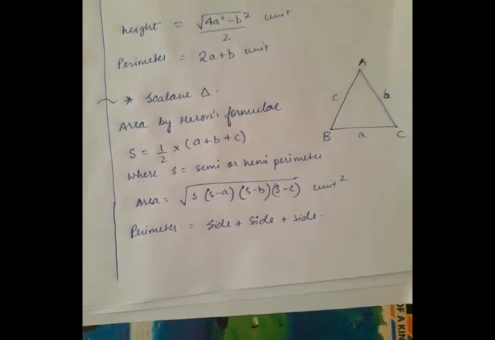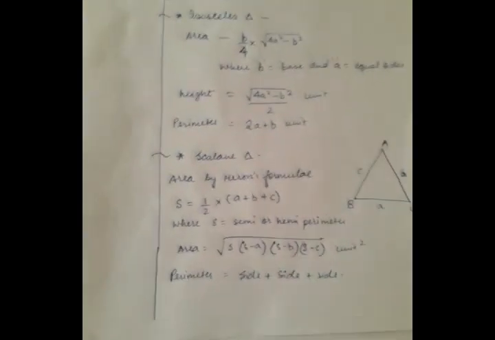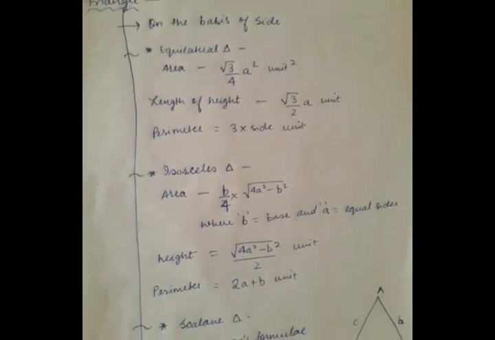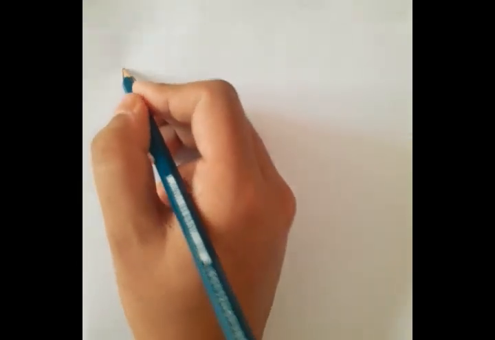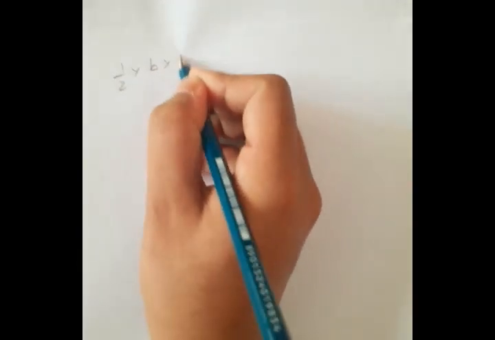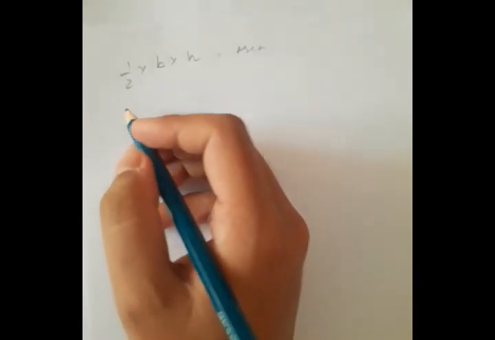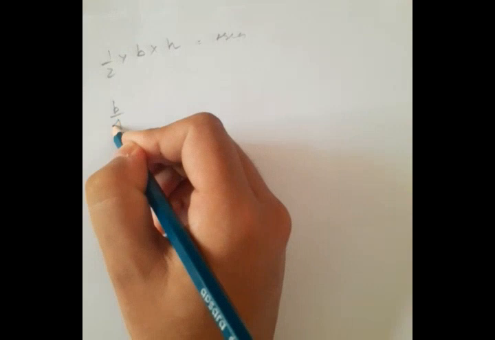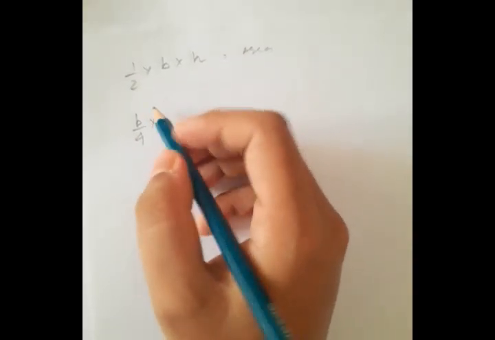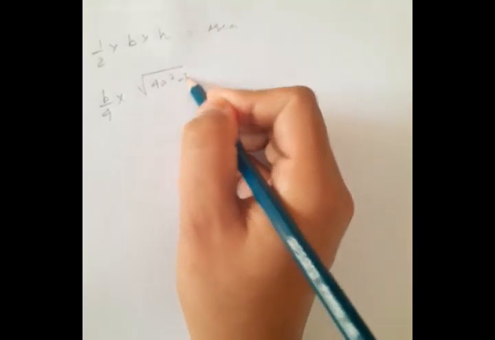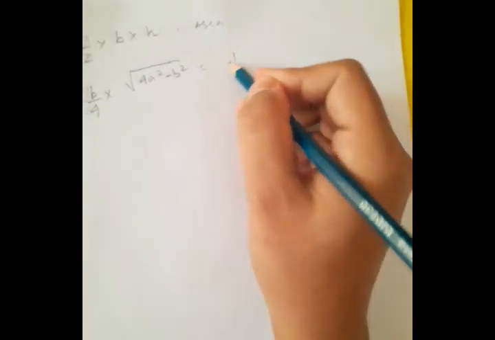Now moving on to the height. We know the universal formula: half into base into height gives the area, and we have the area b by 4 into root 4a square minus b square equals half into base.